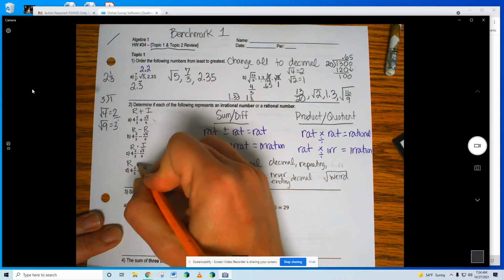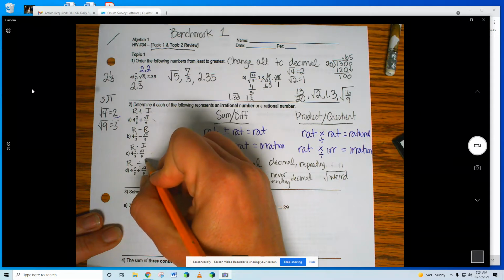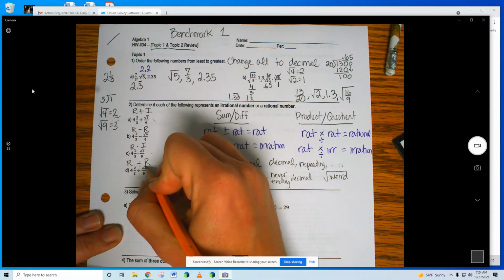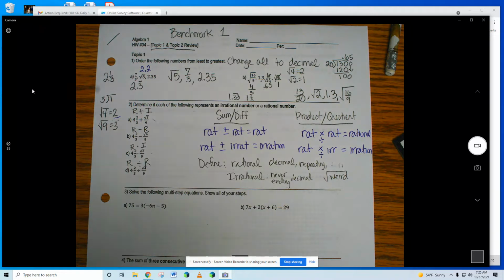Rational divided by... yeah, no, this is 2/9. Yeah, that's rational.